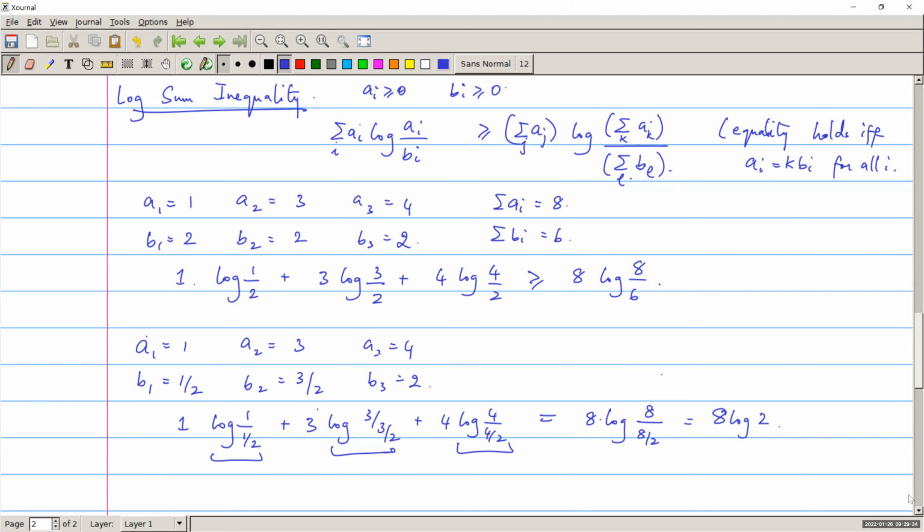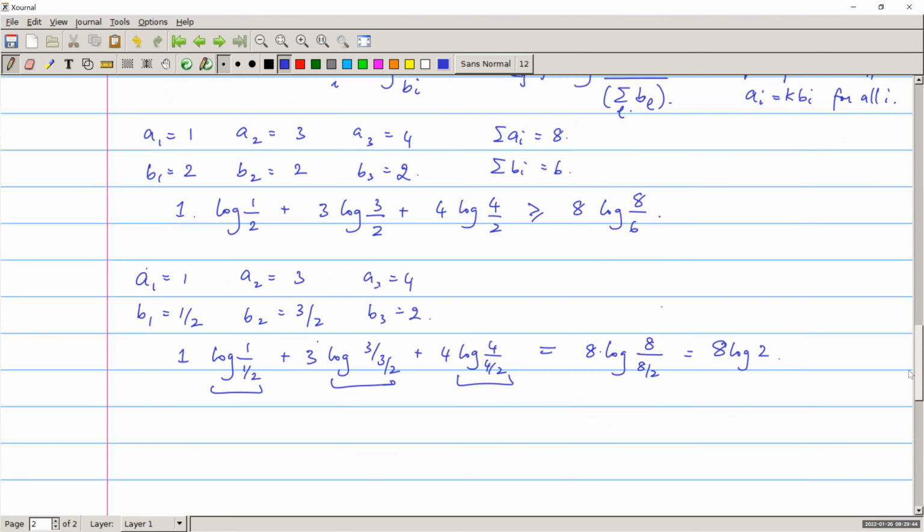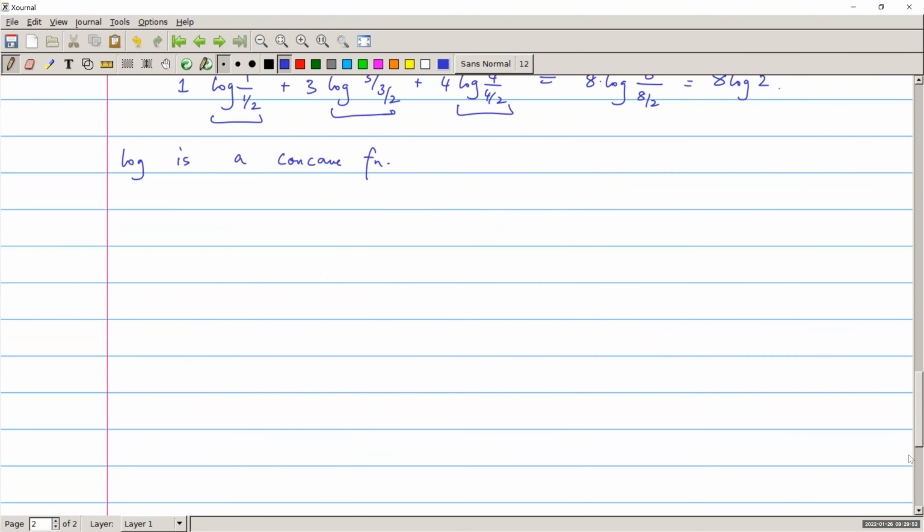What sort of a function is log? Concave. So log is a concave function.